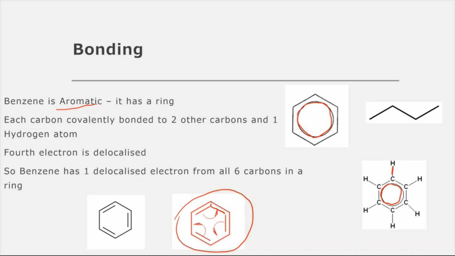So the double bond will keep switching around, and instead of having these arrows, we can just represent this with a ring to represent our delocalized electrons. This is a more accurate representation. That's why we use a ring.